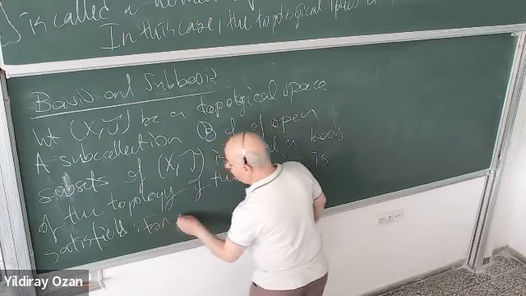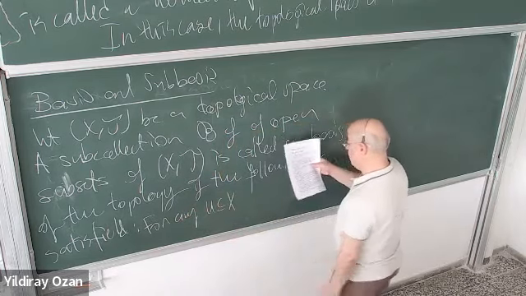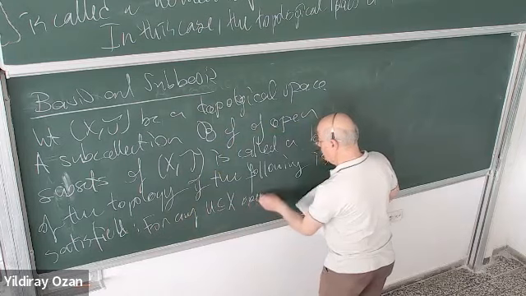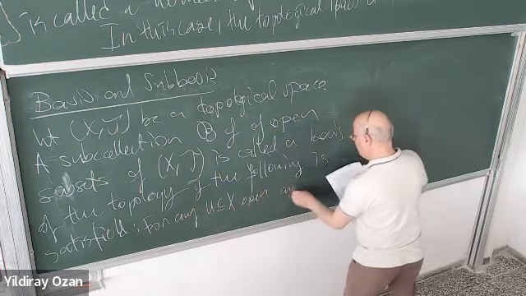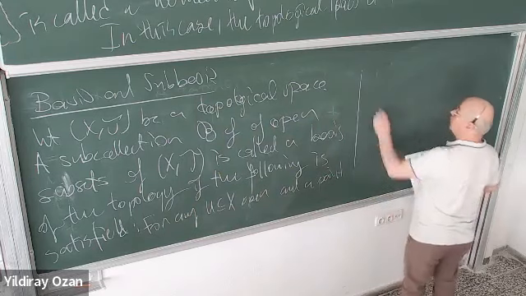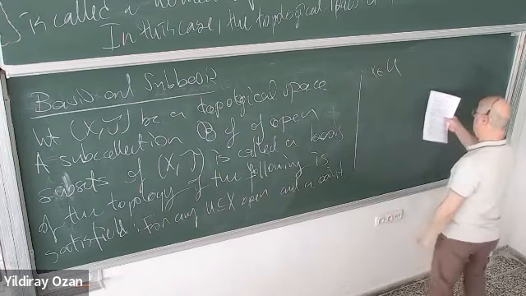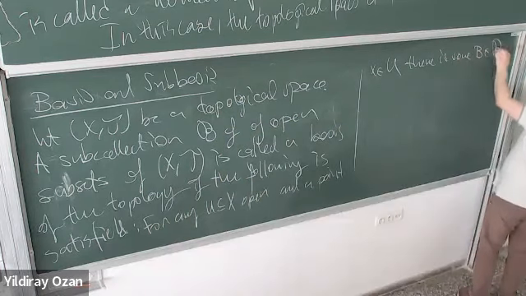For any open set U and a point x in U, there is some B in this collection.